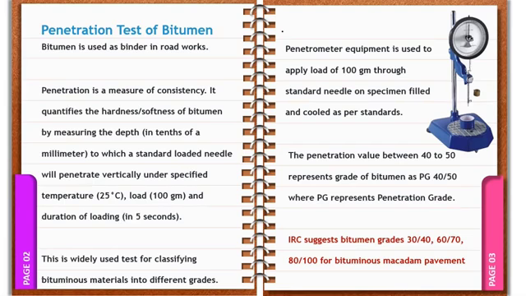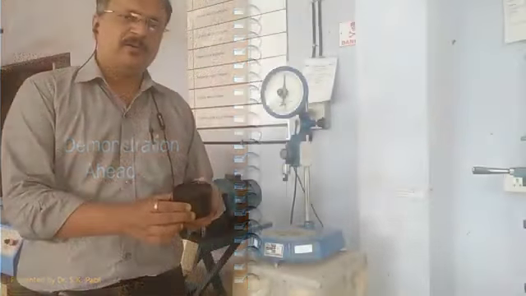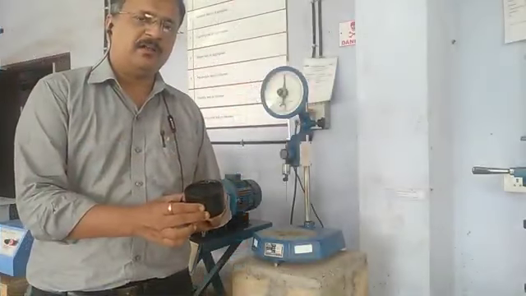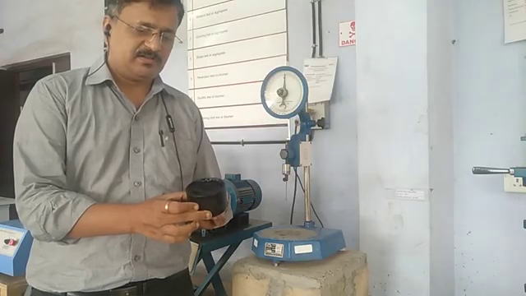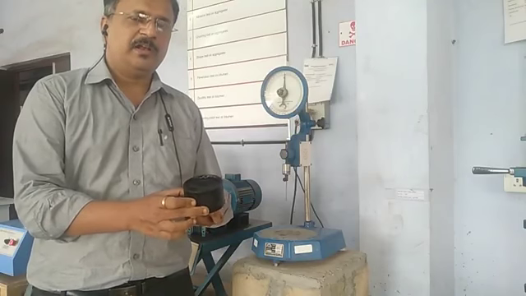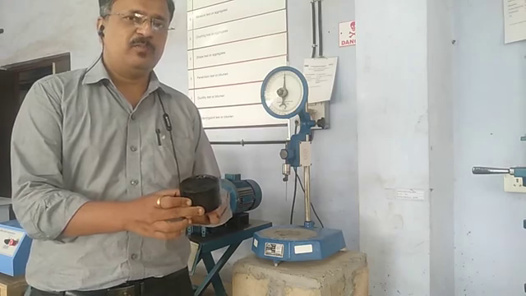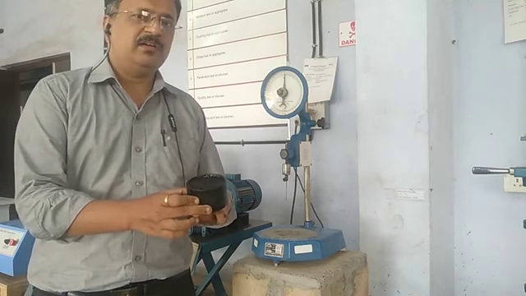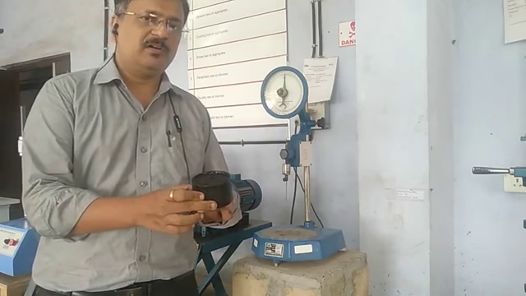We'll see the method by which the test is being conducted. Experiment related to grade finding for bitumen. The name of the test is penetration test. To find out the grade of bitumen, this test was being utilized before the viscosity test was used throughout the field.